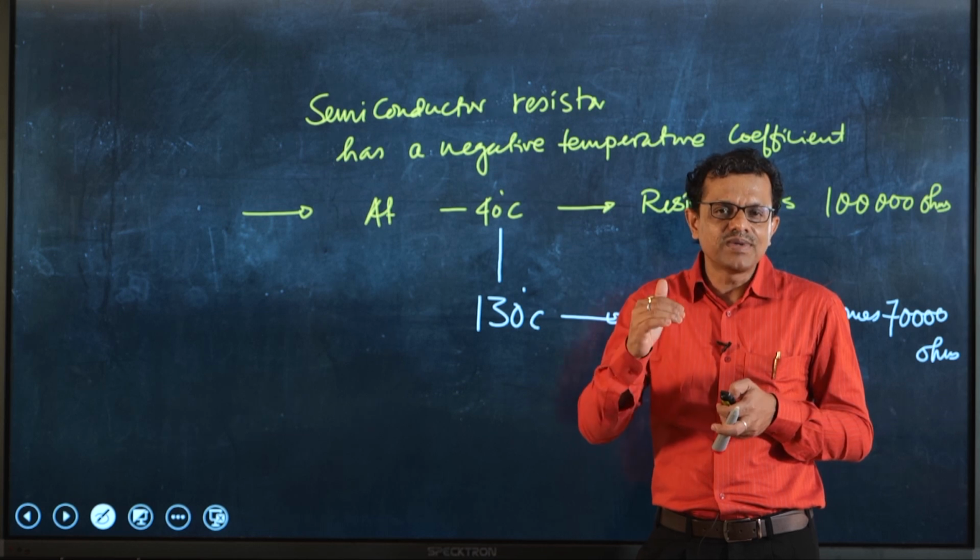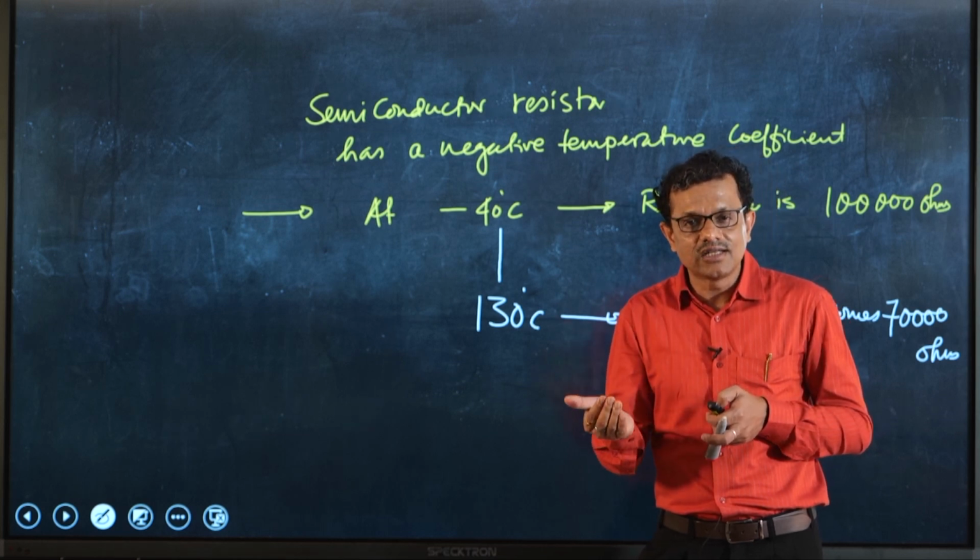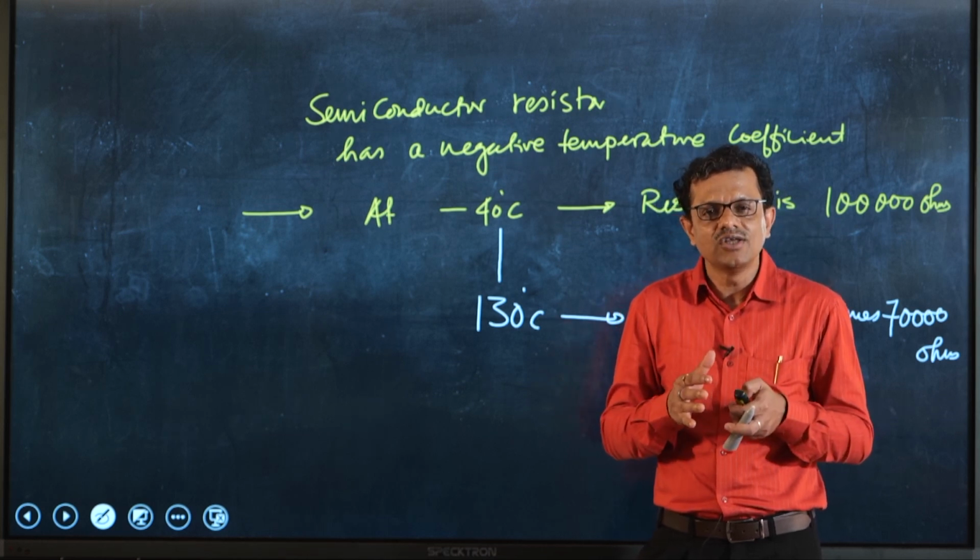So, with increasing temperature, the mass of air drawn into the engine cylinder for a given throttle opening will reduce.